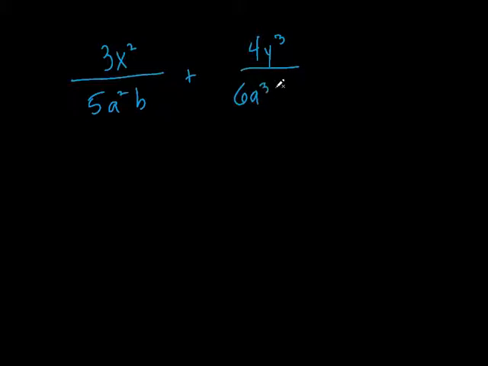You might have something like this plus 4y cubed over 6a cubed b squared. Now, is this something you can do in a calculator? No. Okay, but what do you have to do? You got to be able to add common denominators and all that. You have to know your fraction skills in order to do a lot of stuff in Algebra 2.